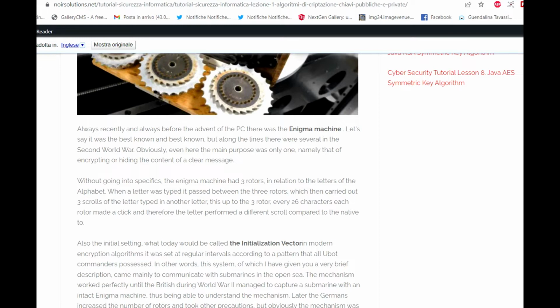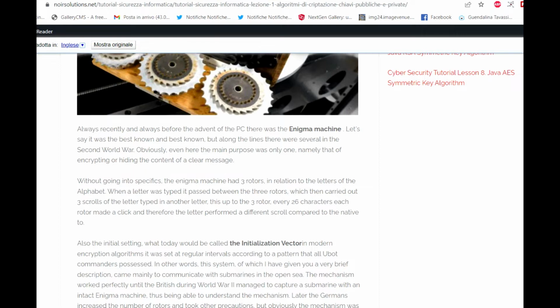When a letter was typed, it passed through the three rotors, which carried out three substitutions of the typed letter into other letters. Every 26 characters each rotor made a click, and therefore the letter underwent a different substitution compared to the previous one.